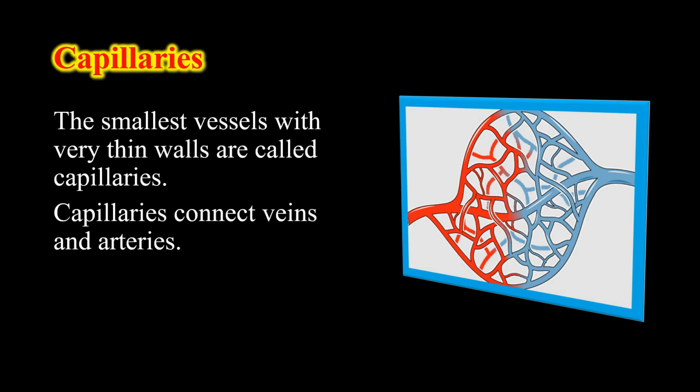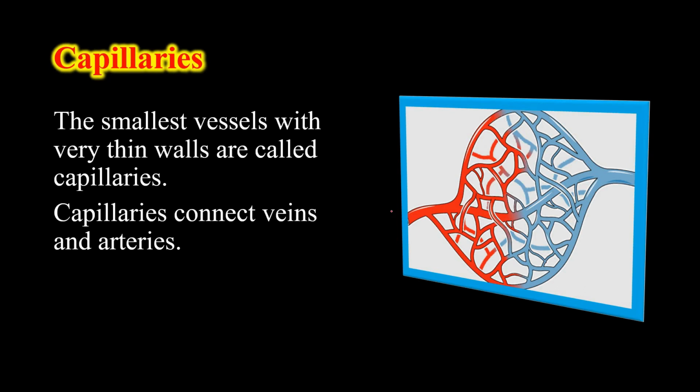And now let us understand the third type of blood vessels, capillaries. The smallest vessels with very thin walls are called capillaries. The capillaries connect arteries and veins together, and they are found in the internal part of our body, and the main function of these capillaries is to enable the organs to exchange nutritive material and waste material from one organ to another.